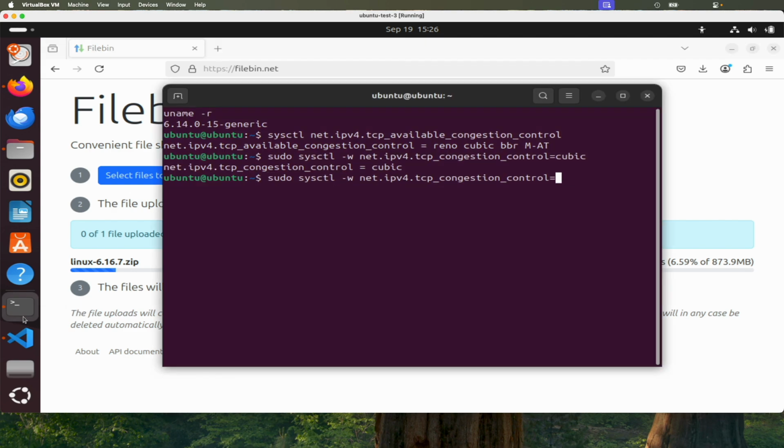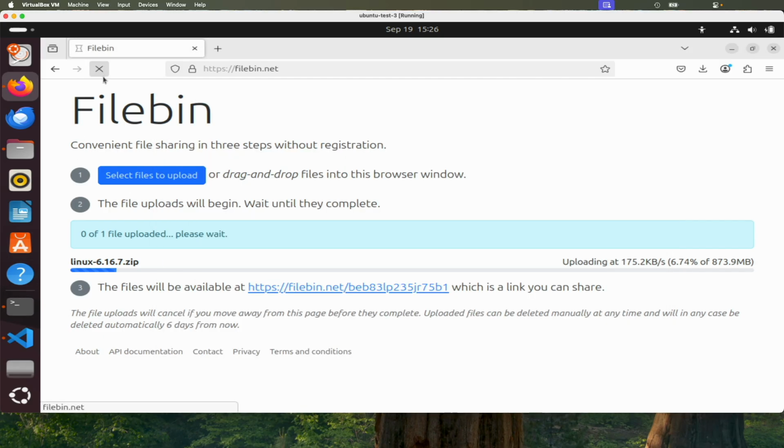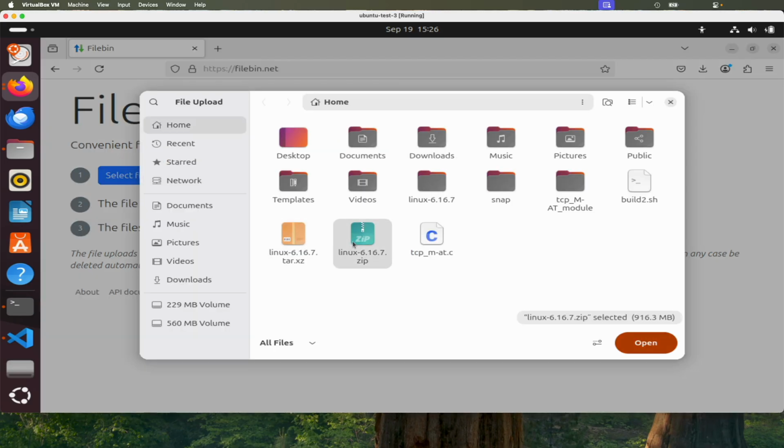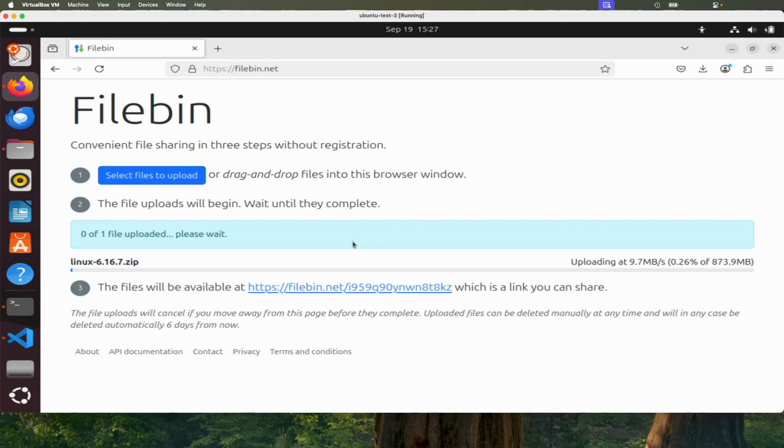BBR is developed and maintained by Google. It used to be good in detecting bad signal versus congestion, but with the latest upgrade to Cubic, they are both very comparable. But Cubic maybe has a slight edge over BBR in recent upgrades.